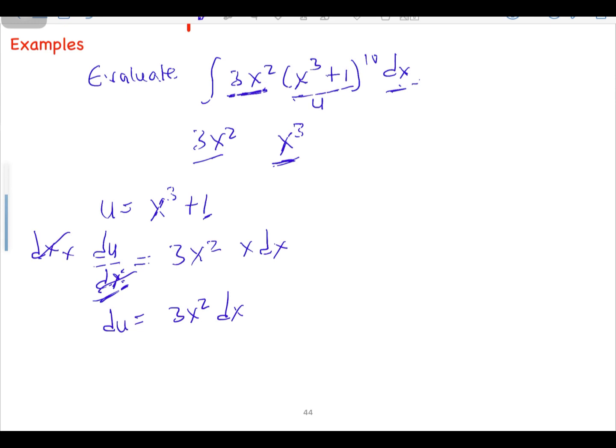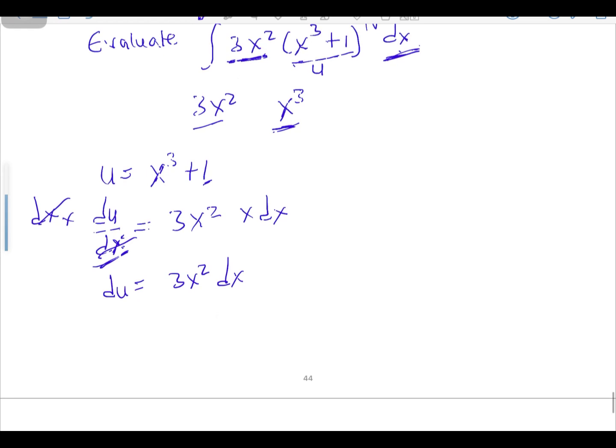But remember that we want dx to stand alone so that we can replace it. Therefore, we need to divide both sides by 3x squared, and finally we are going to get dx equal to 1 over 3x squared du.